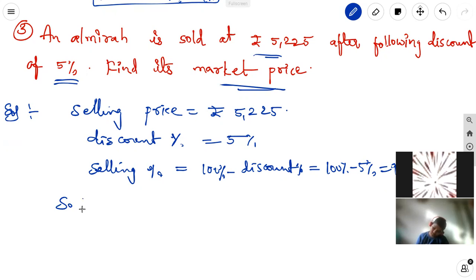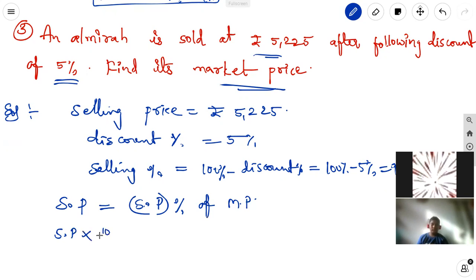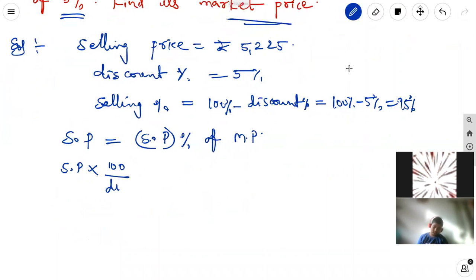What is the selling price? Selling price equal to selling percentage of market price. That is nothing but the selling amount into 100 by (100 minus discount), or we can take it as selling price into 1 by selling price percentage equal to market price.